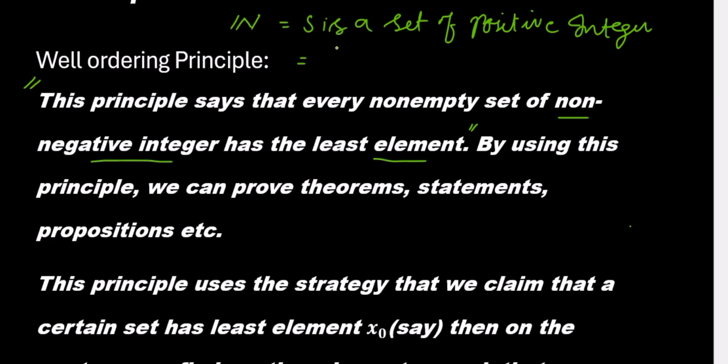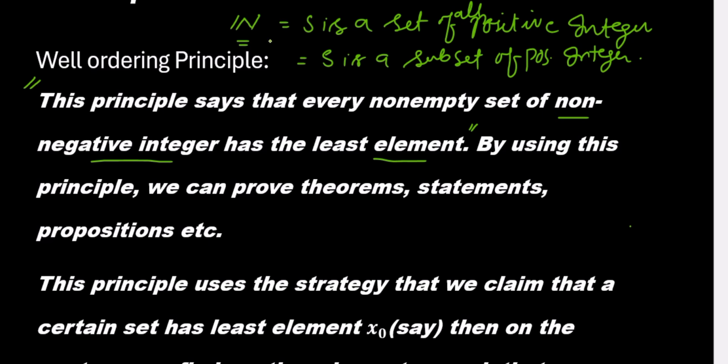When he says S is a set of positive integers, he means S is a subset of the positive integers. And when he says S is the set of all positive integers, if he adds the word all, then it means S is equal to the set of natural numbers. So this is the basic thing that he will use throughout the text.